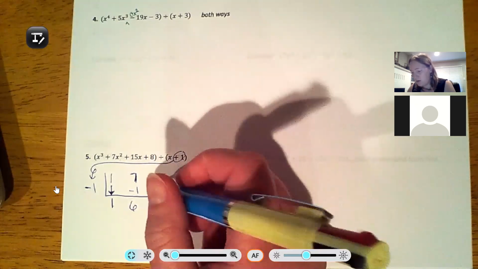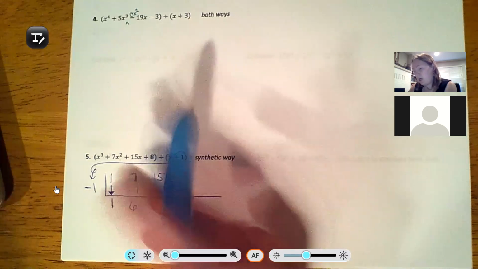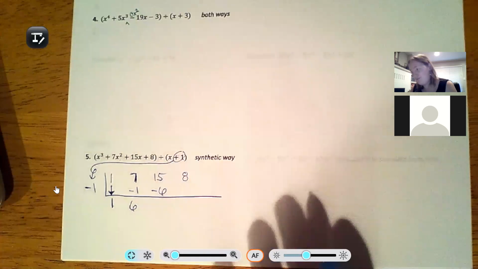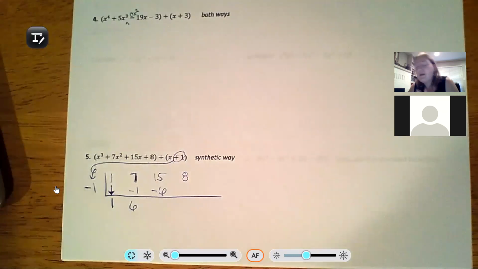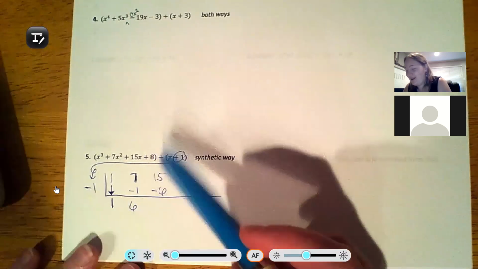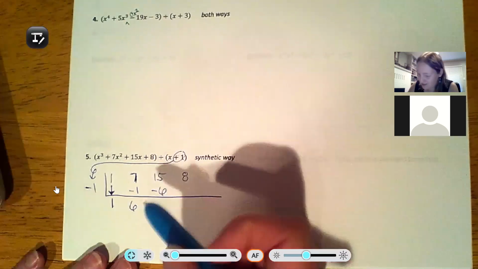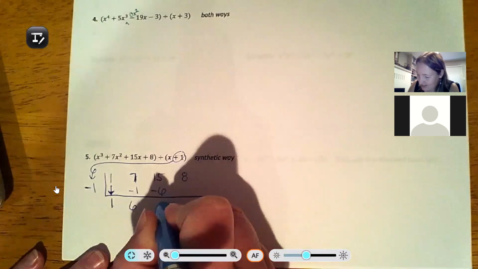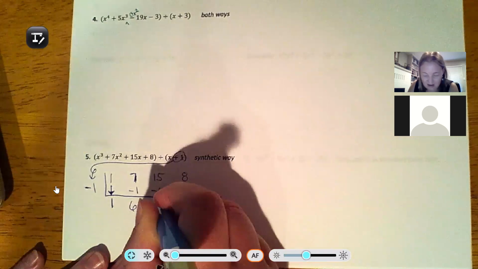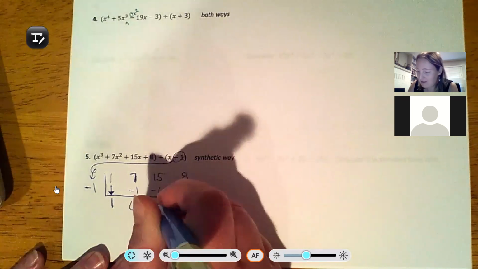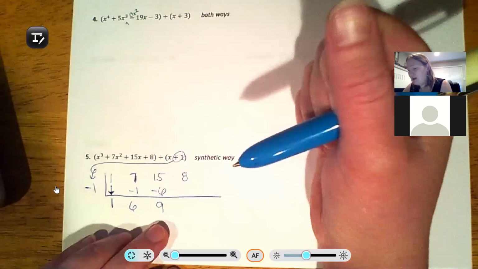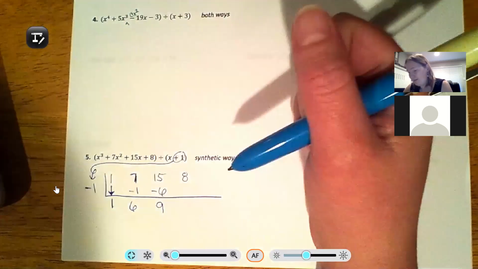Okay, so just so we're clear, you're going to subtract 6 from 15, not subtract -6. But I think you were doing the right thing. You just weren't saying it quite right. Yeah. Your 15 minus 6 is 9. Yep. And then last but not least, you multiply the -1 by 9, which is -9.